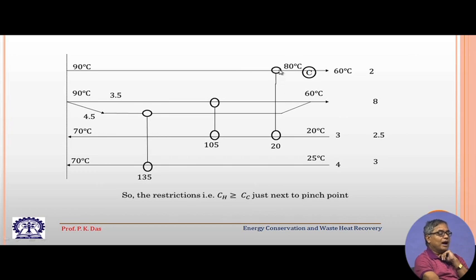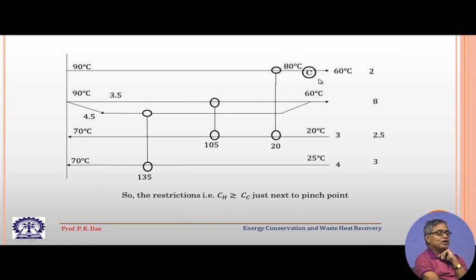For the third, we can consider a match between stream 2 and this stream, that means this is another heat exchanger we can consider, and with this the third stream can be satisfied. So, if we do that, only the topmost stream which has to be cooled is left, and here we have to use one cold utility.